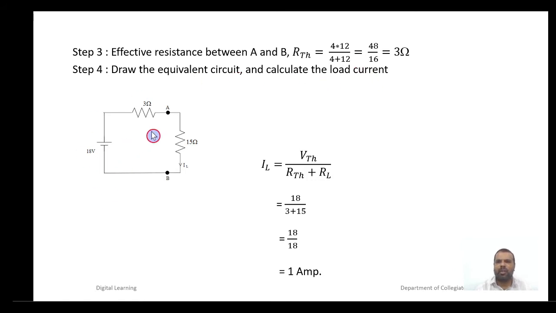Now you have drawn the equivalent circuit with the 18 volt Thevenin's voltage source and a 3 ohm Thevenin's resistance connected in series, and a load resistance of 15 ohm. IL is equal to VTH divided by RTH plus RL, that is 18 divided by 3 plus 15, that is 18 by 18, that is 1 ampere.